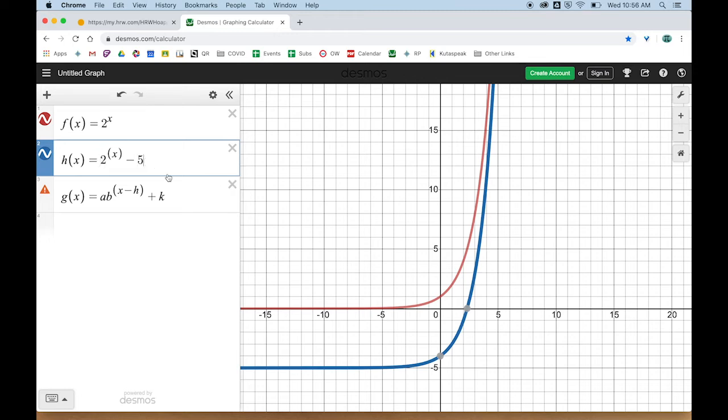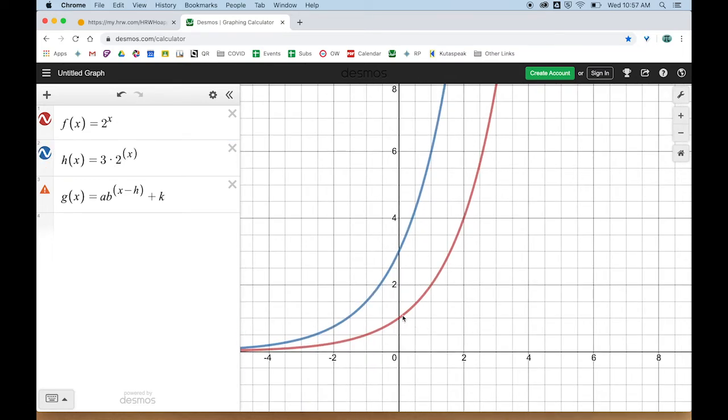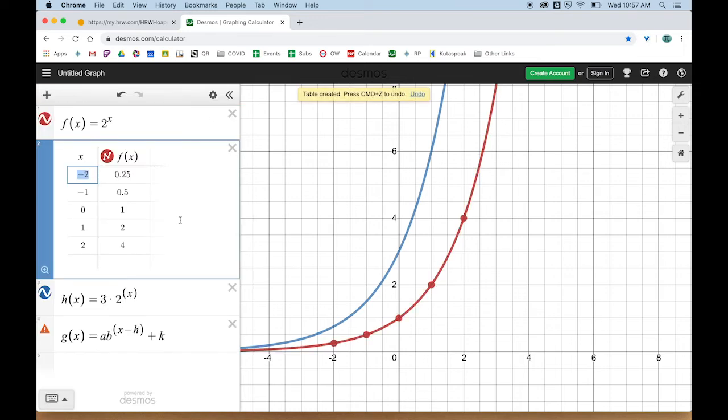What if we put in a stretch value? Let's go ahead and just put in like, I don't know, 3 times 2 to the x. So if we're looking, and let's actually create the tables here, and I just want to show you what the tables look like.